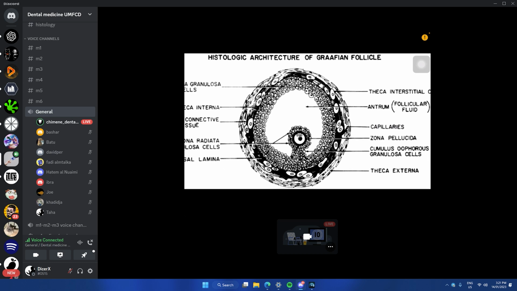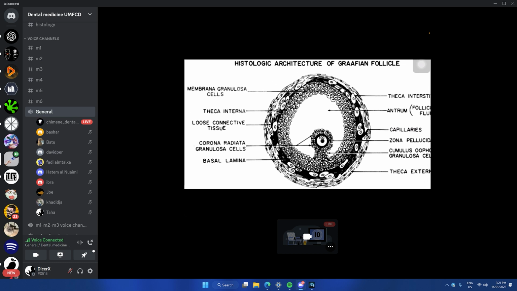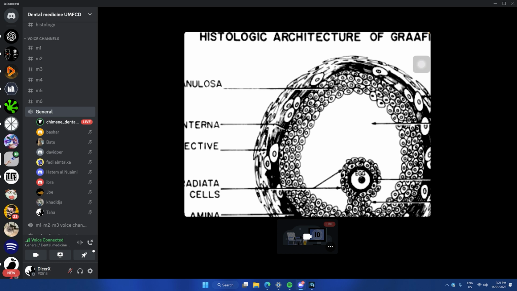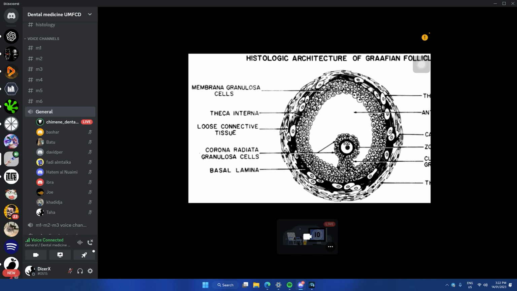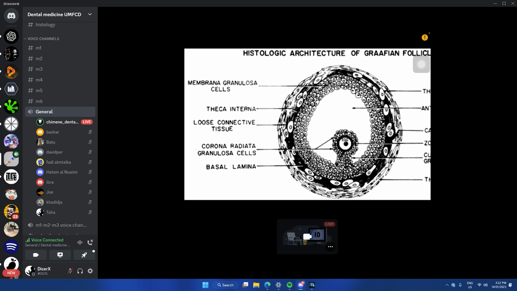The main difference between the internal and external is, first of all, the location, of course, and also the thickness. So the external theca is thinner than the internal theca. And in the internal theca you have some connective tissue from collagen, okay. But now it's not that important.